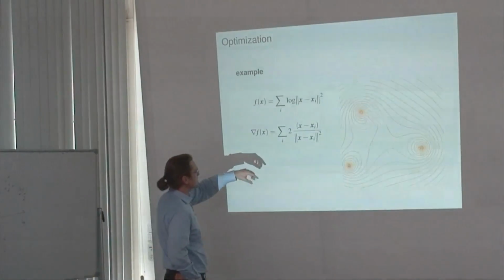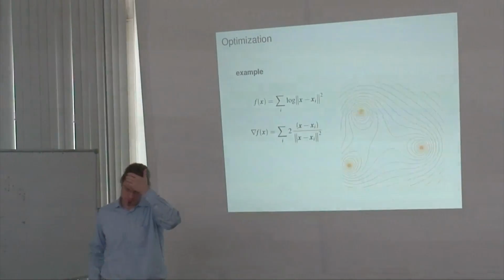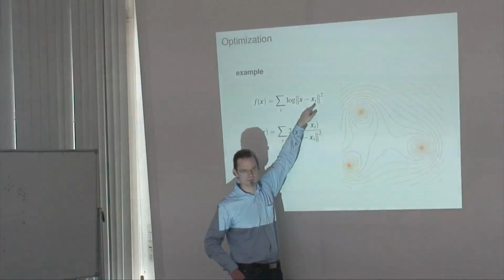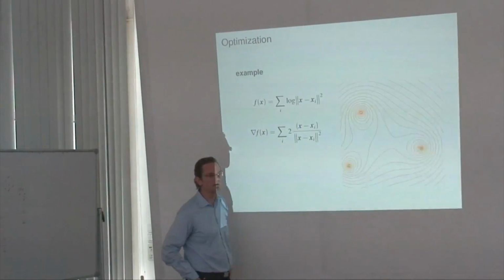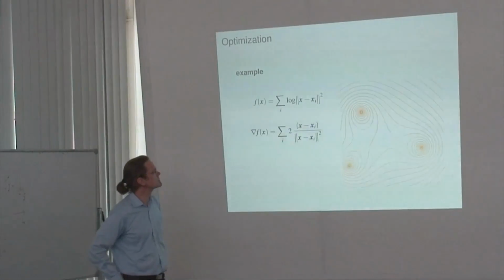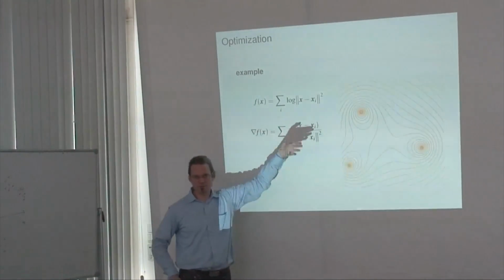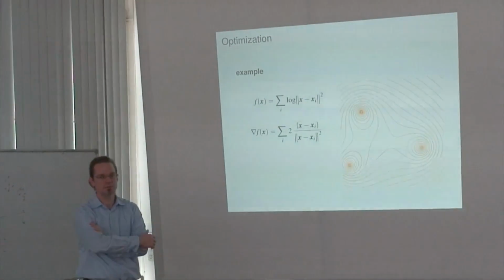The gradient of this is easy to compute. If we derive this with respect to the variable x, these are not variables, but these are parameters, they are fixed. I have 3 of them in this case. If we derive this with respect to x, we have a sum over these things, so basically the derivative will be a sum over these things because every term here depends on x.